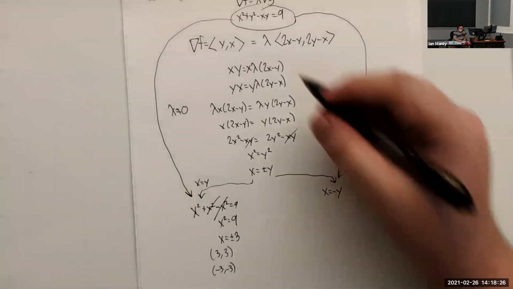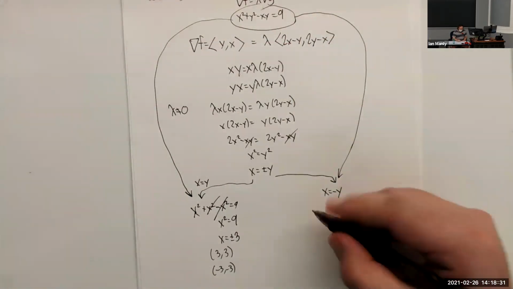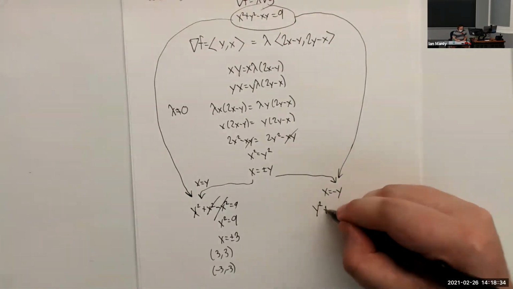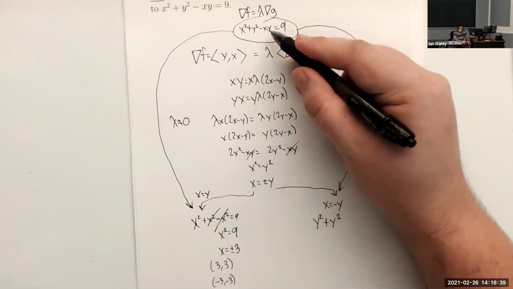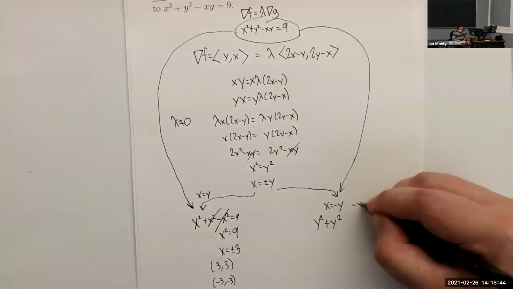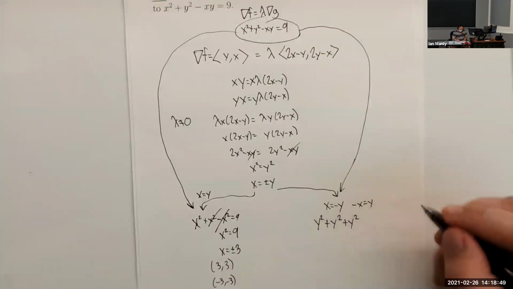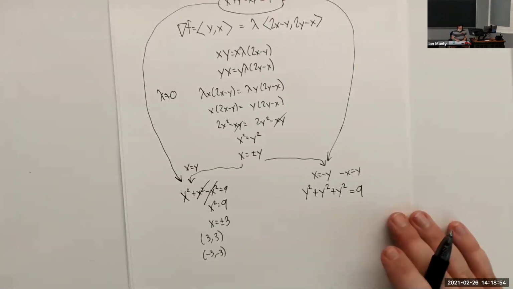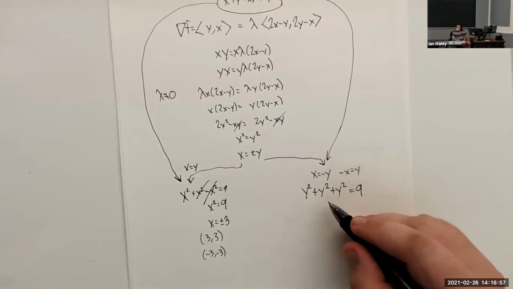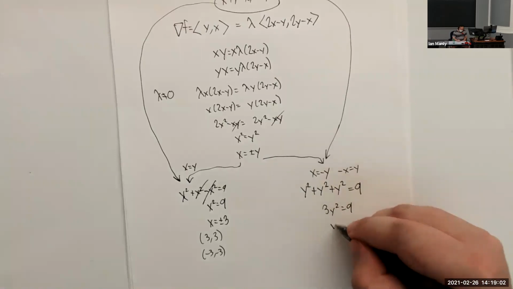All right, so let's go ahead and finish this off here. If I see an x squared, that's going to be negative y squared, or just y squared. And then I have plus y squared from up here. And then I have minus x times y. Well, a negative x is y, so that's actually going to be another plus y squared. So we end up getting 3 of these y squareds together equal to 9.